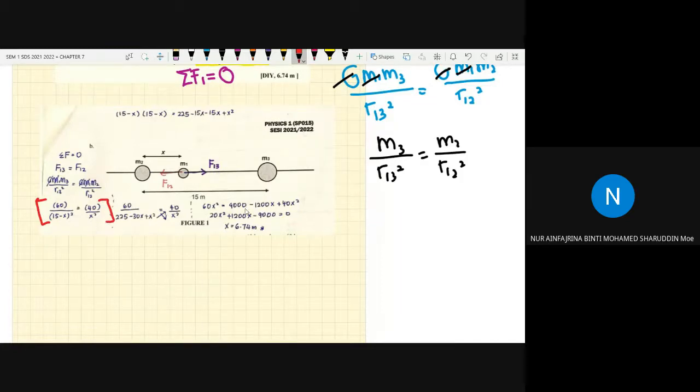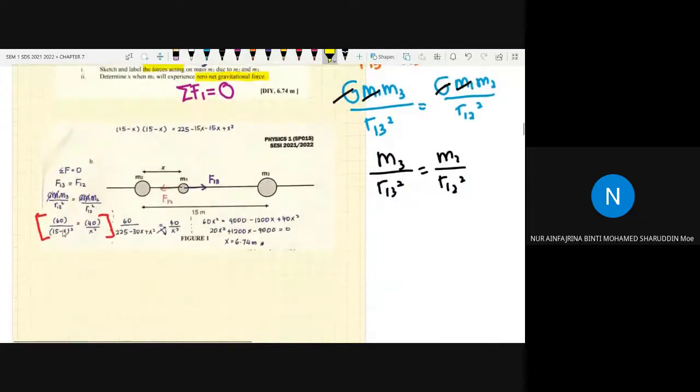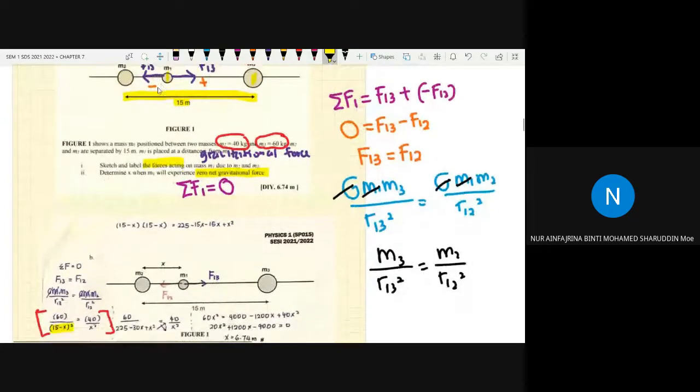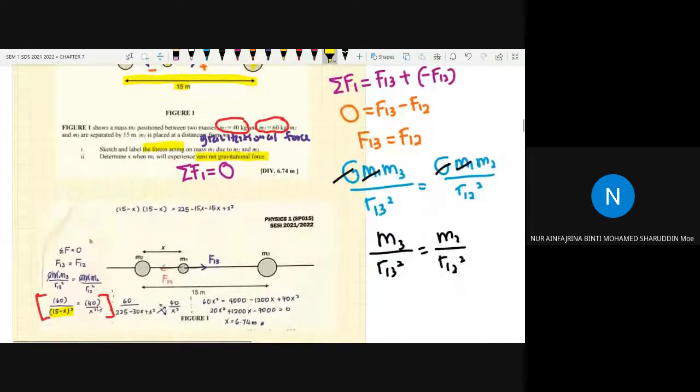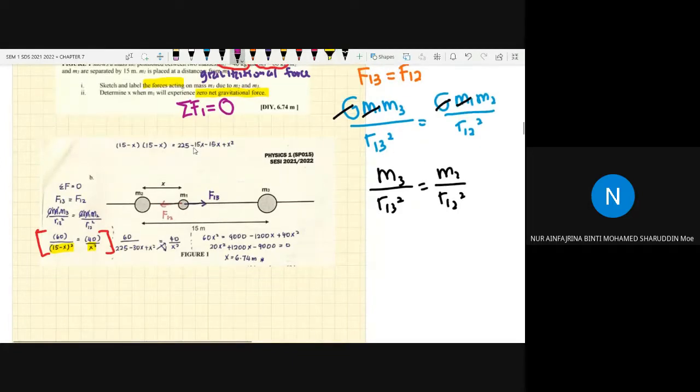Selepas itu kita tahu distance from 1 to 3. Tengok, daripada 1 sampai 3 ini adalah 15 minus x. So Miss dah masukkan. And then Miss tahu distance from 2 to 1, 1 to 2 is x squared. So Miss masukkan. Okay, from here dia dah jadi matematik. What is the first step awak kena buat from here?